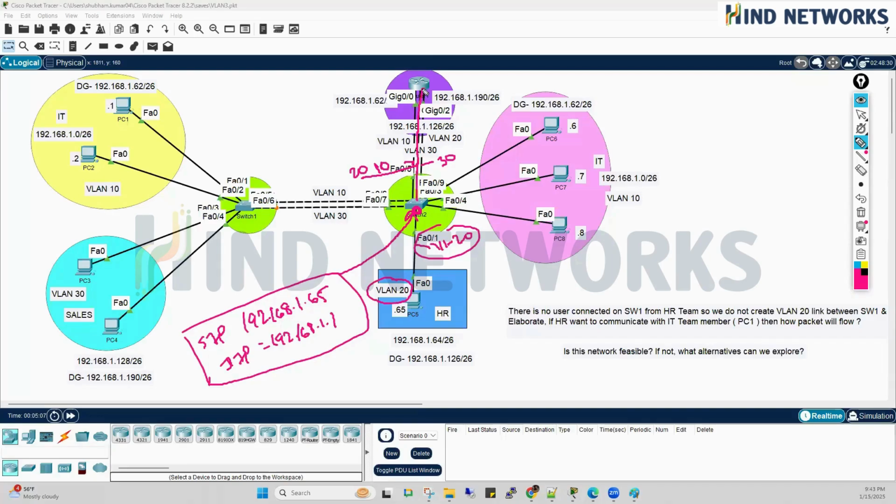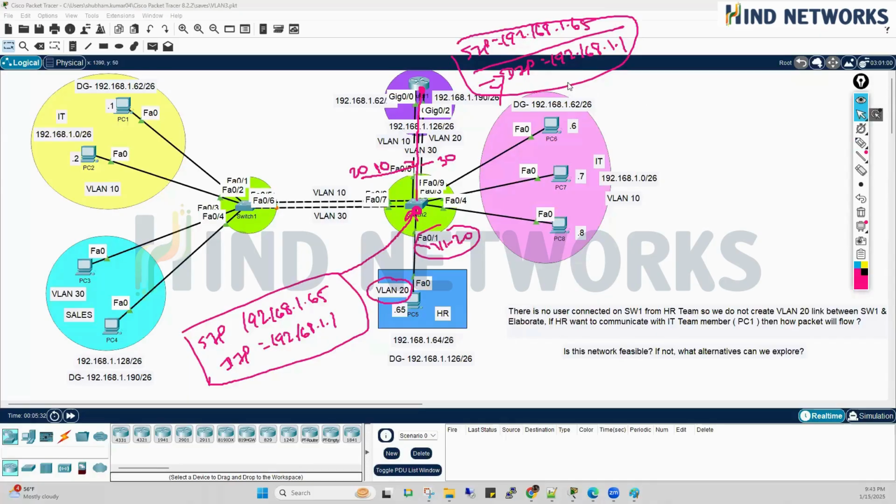Router receives this packet on this interface. Router checks this packet. Source IP address is 192.168.1.65 and the destination IP address is 192.168.1.1. Router will check what is the destination IP address. Now what will router check?